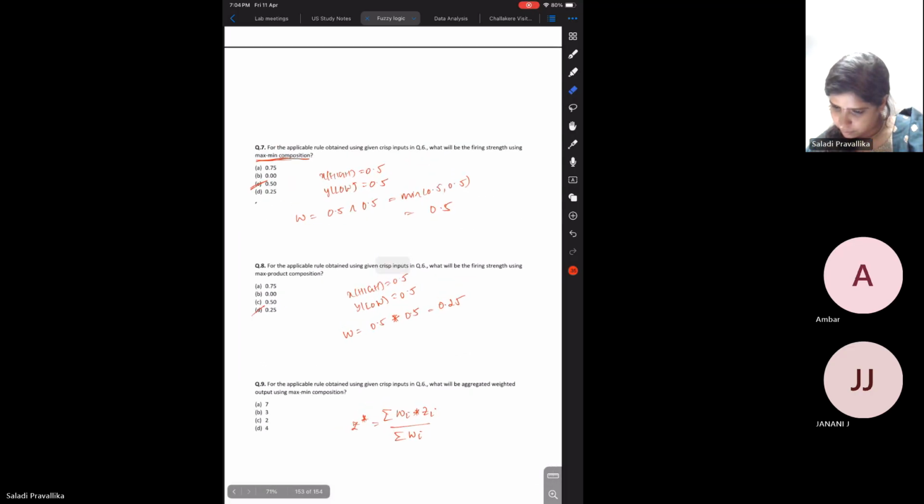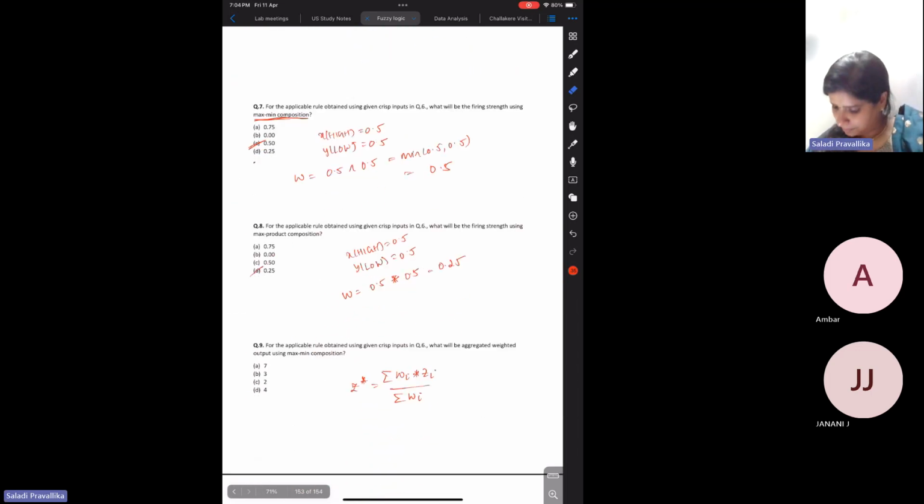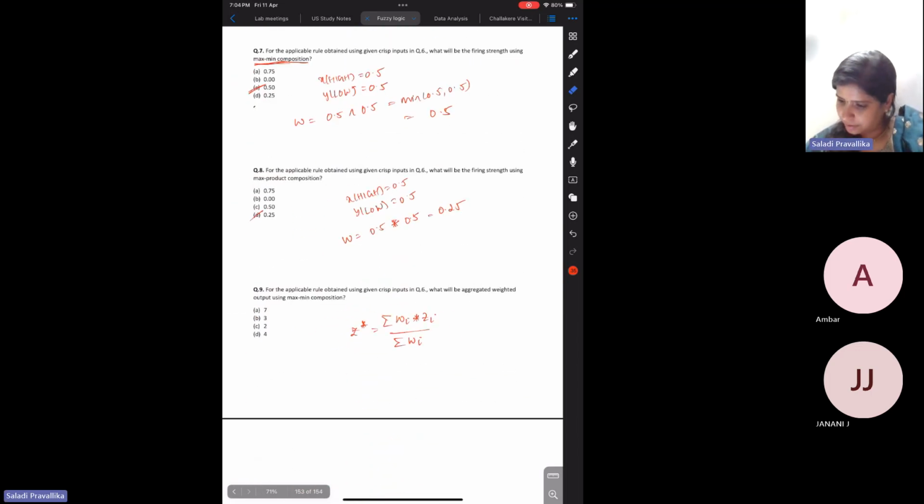Value of, okay, x equal to 5, y equal to 3. I'll write it here.